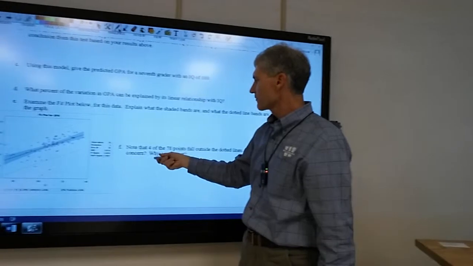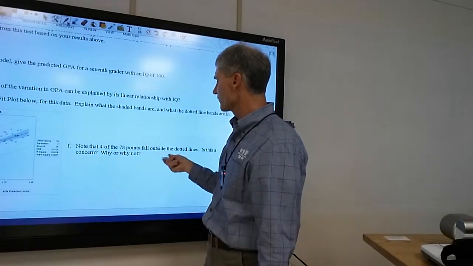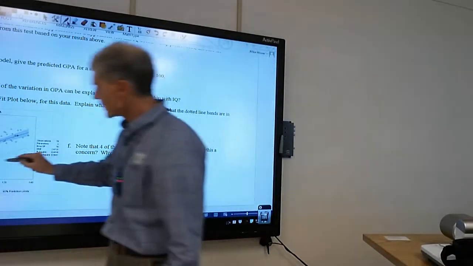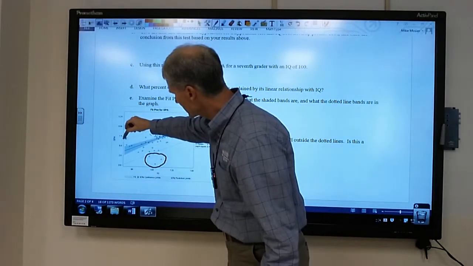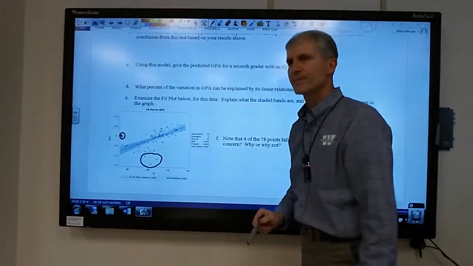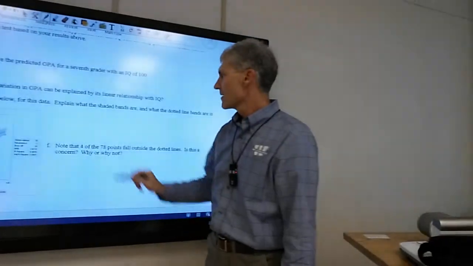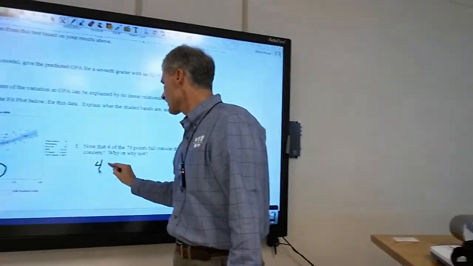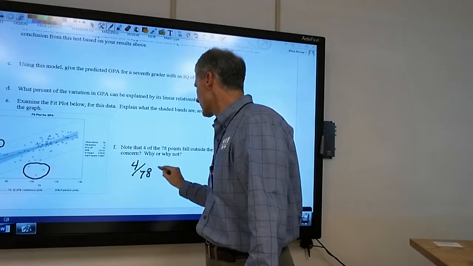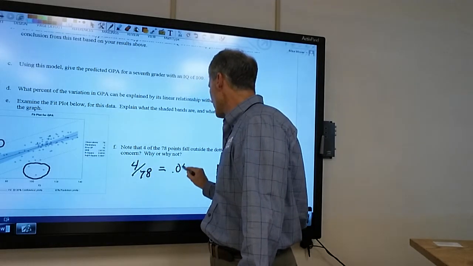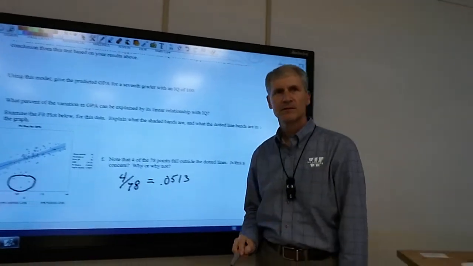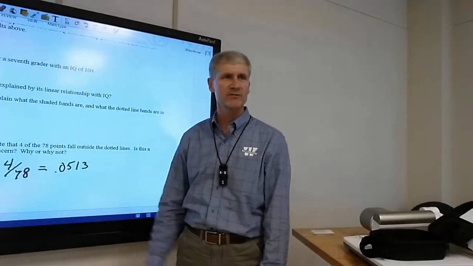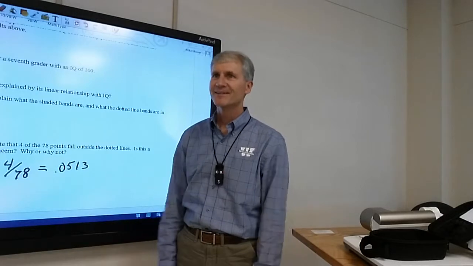But then it says 4 out of 78 points fall outside the dotted lines. So that's these 3 right down here, and this one is just barely outside right up there. All right? 4 out of 78 is 0.0513. So roughly 5% of the points fell outside the dotted line.